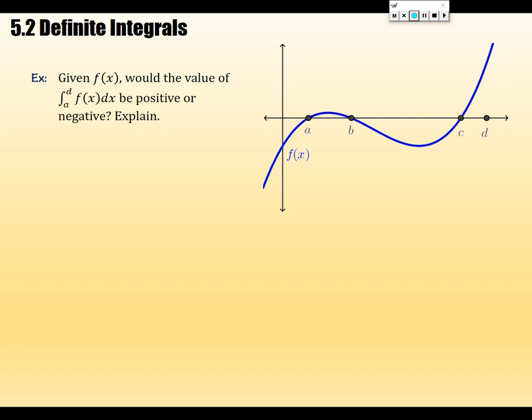What do you think here? Turn to your neighbor and tell them. We don't want to spend more than about 30 seconds on this slide, but turn to your neighbor and tell them what you think.